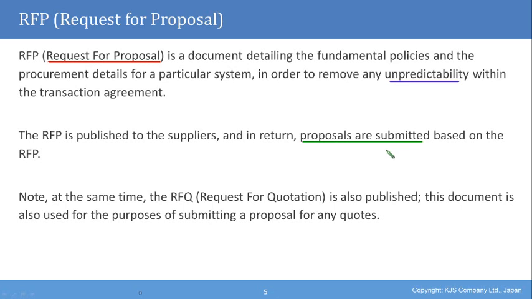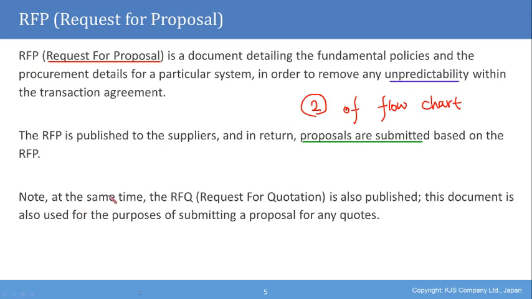What's going on here is that the RFP is laying down the system and the conditions for procurement, and proposals are being submitted. This is precisely what we saw happening in stage 2 of the flow diagram at the question. So we now think RFP is the correct answer for stage 2.